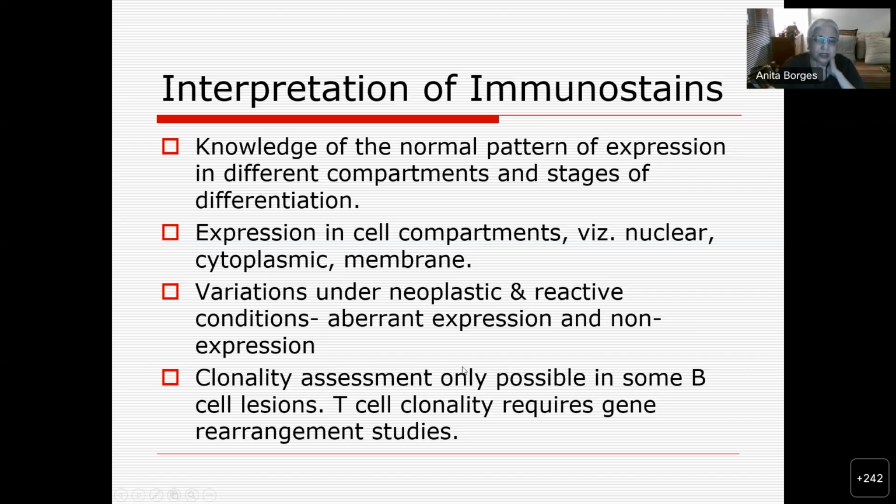Now, this clonality assessment, when we talk about in B cell lesions, it means essentially looking for light chain expression, usually, whether it is a kappa restricted lesion or a lambda restricted lesion. Plasma cells are really most amenable to this kind of thing. Immunoblastic lymphomas are very, very amenable to this, because there's a lot of cytoplasm and there's intracytoplasmic immunoglobulin.